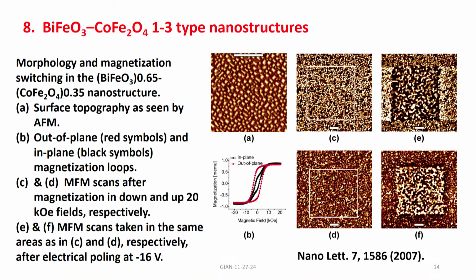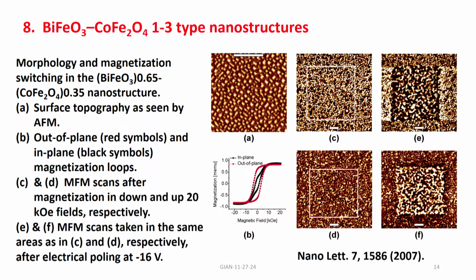Right, this is a bismuth iron oxide and cobalt ferrite 1-3 type nanostructure. It is cobalt ferrite nanopillars in a matrix of bismuth iron oxide, and the one here shows the atomic force microscopy picture of the topography. It is a surface of this system, and here you see the magnetic force microscopy image of the same one.